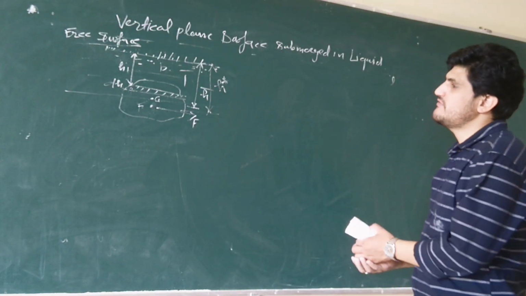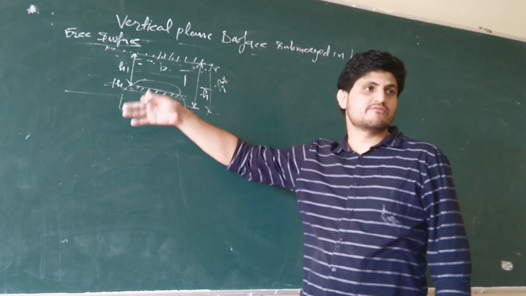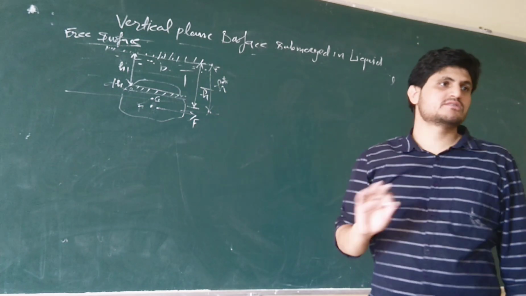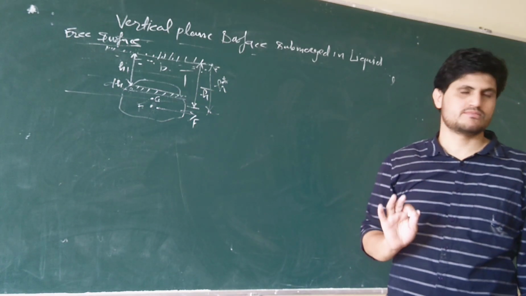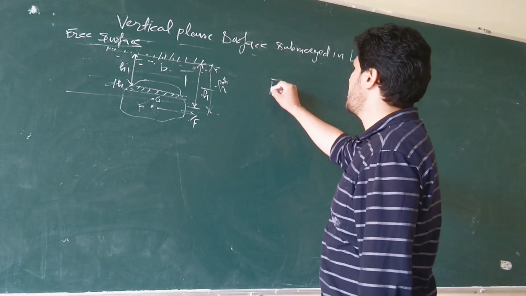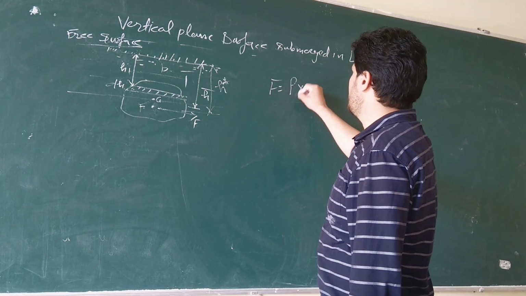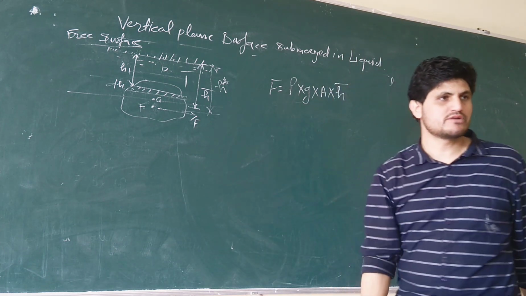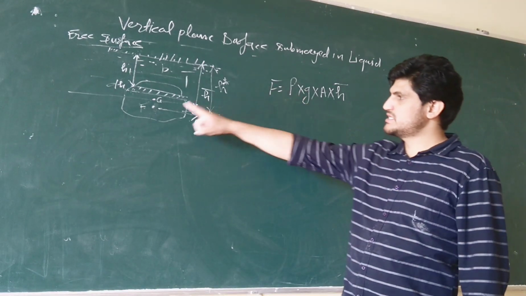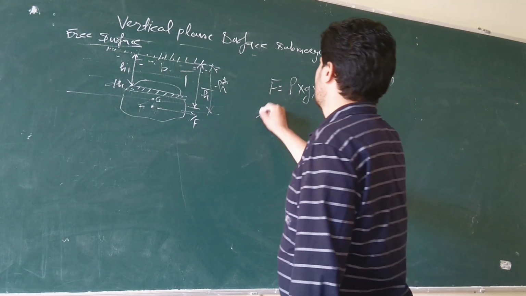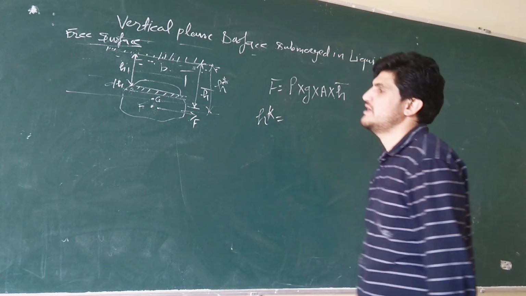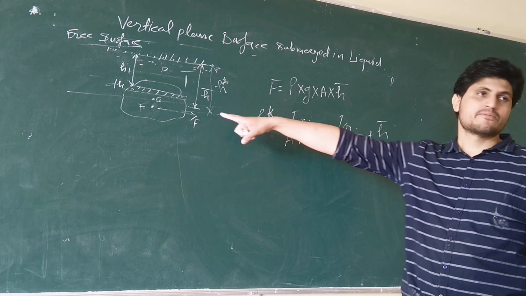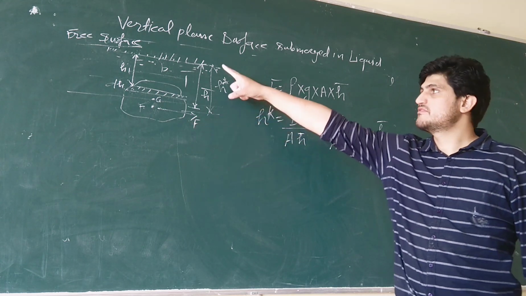So what is the conclusion? The conclusion is that if any surface is submerged vertically inside a fluid, it experiences some force. This force is given by F is equal to rho into g into A into h bar. This is the total force. This force acts at h star. h star is the distance of the center of pressure from the free surface of the liquid.